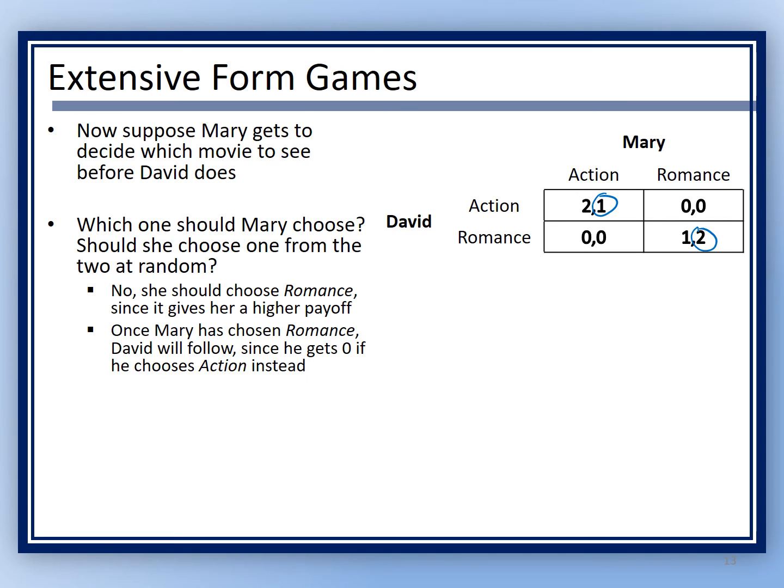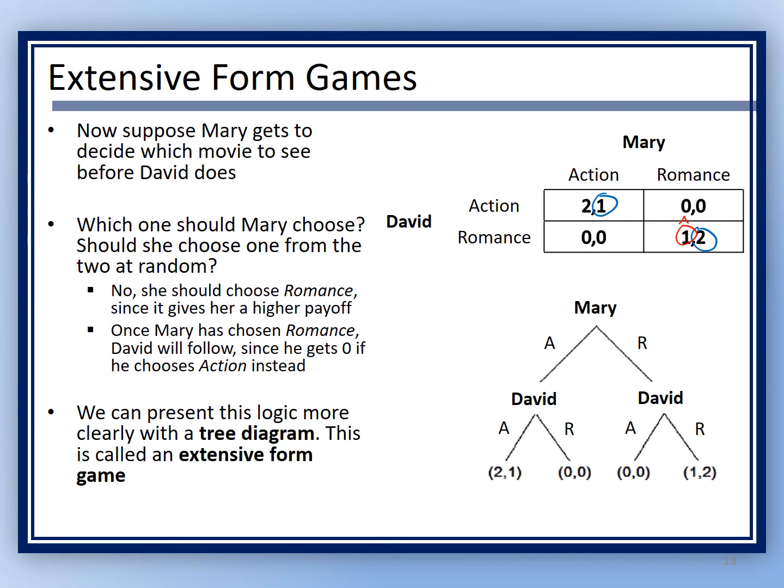And that's okay, because after Mary has made her choice, David would follow. After all, we have already determined that it's better for David to go with Mary than going to the action movie alone. So we know this is a stable outcome.